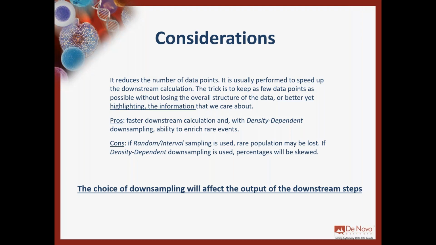So maybe you have 100 files with 100,000 cells each, so at the end you have 10 million. So it's really frequent. Again, just remember that there are pros and cons to downsampling, so always keep that in mind.